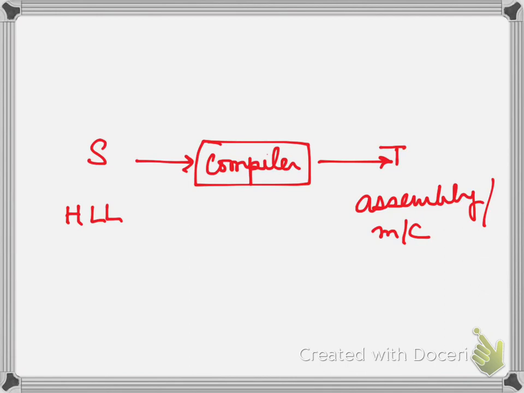So instead, first the high-level language constructs are converted into an intermediate language. This is intermediate in terms of complexity between the source language and the target language. So it becomes easier to convert from high-level language to intermediate language, and then after performing certain optimizations, we can convert from intermediate language to assembly or machine language.